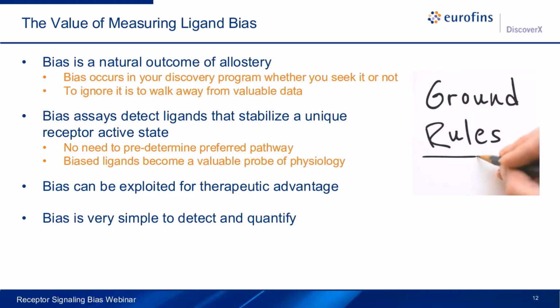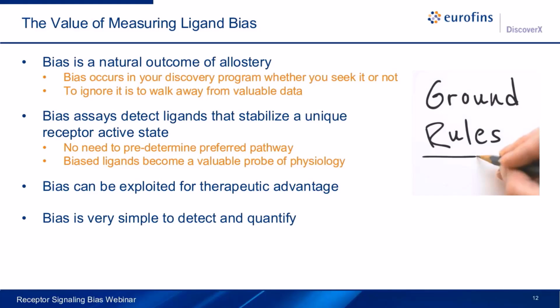So just to continue with the ground rules, bias assays detect ligands that make stable, unique receptor active states. I'm often asked, well, what if I'm not interested in Gs versus beta-arrestin bias? I'm interested in other pathways. That's not the point. Bias assays just detect the compounds that produce a different active state, and that can play out various ways.